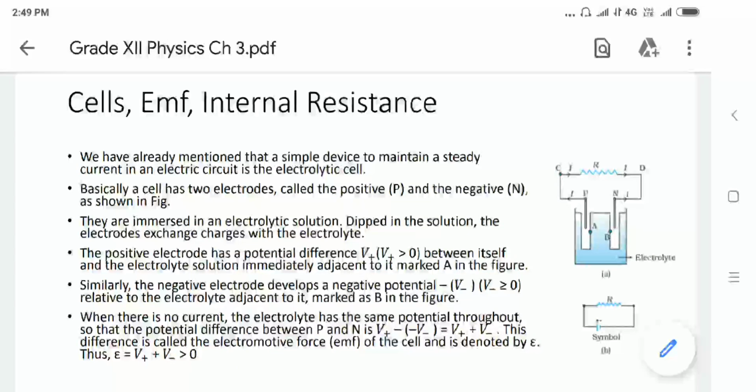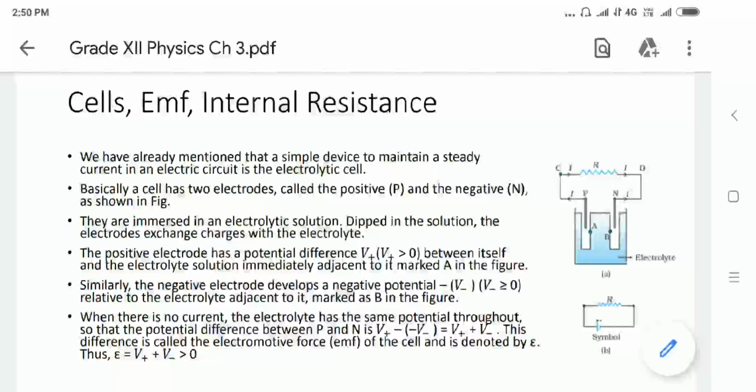Now if the positive terminal is placed in the electrolyte material, a potential difference arises between the terminal and electrolyte. Positive potential difference is there. My terminal is already positive, so the electrolyte in comparison would become negative. It means it gives a negative polarity of electrolyte material with respect to the positive electrode.